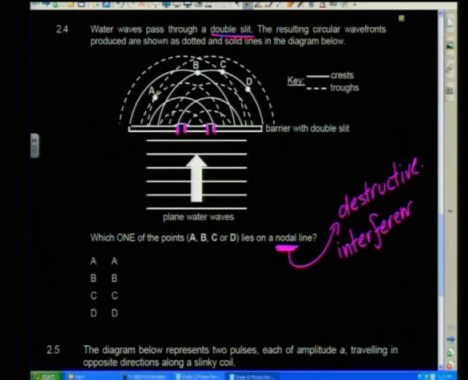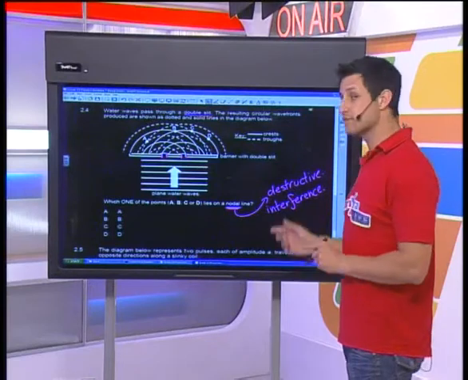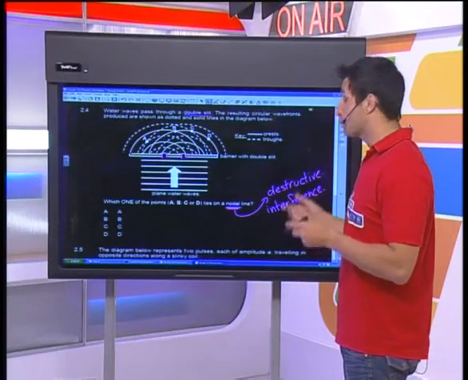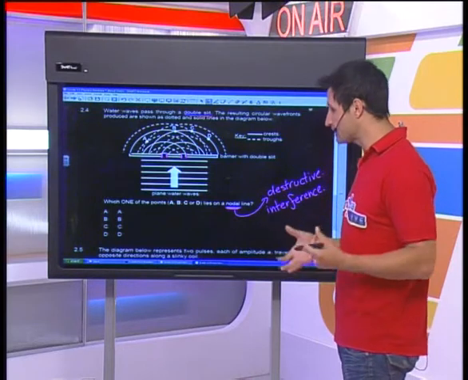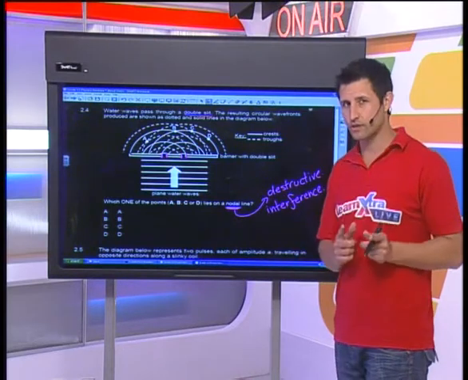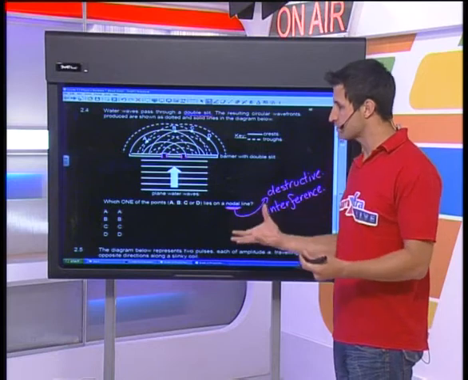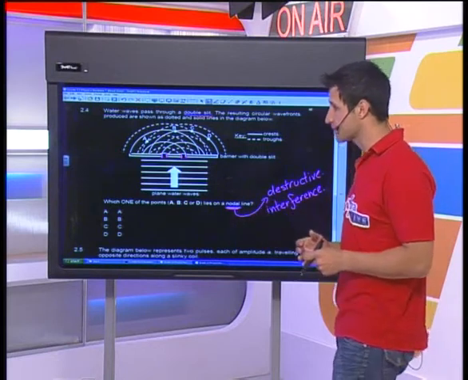Now, destructive interference happens when I've got a crest and a trough, so 2 opposites which meet each other. Okay, well, let's take a look at our options here. Let's see where that might happen.